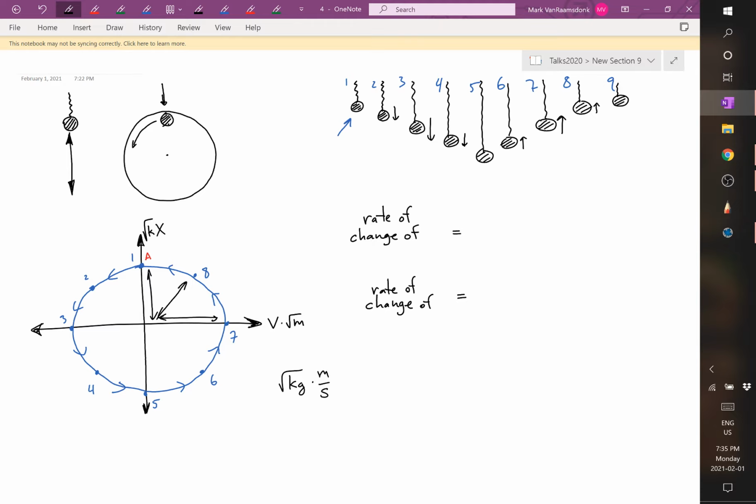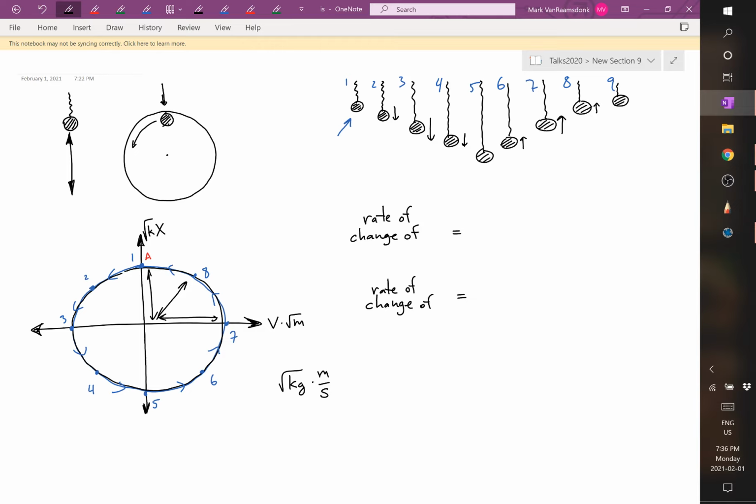In fact, it turns out that on this graph with these units, you get an exactly circular path, and that the path is traversed at a constant rate. So there's secretly this circular motion that is related to the simple harmonic motion, the up and down motion. If we keep track of both the position and the velocity, then you get this nice circular motion.